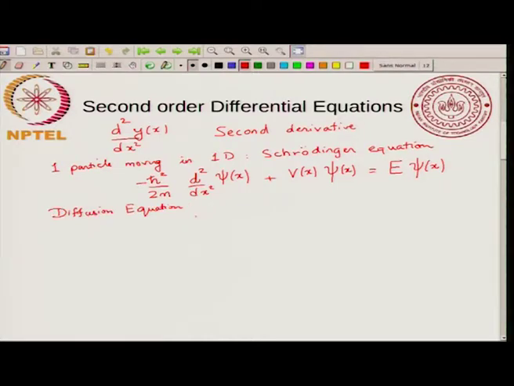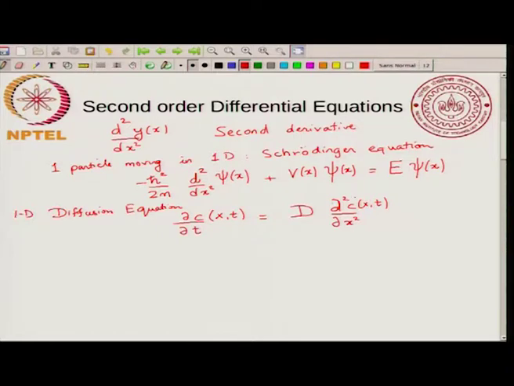Here you have a concentration which depends on x and time, and what you write is the partial derivative with respect to time is equal to D times, let us say I am taking the one dimensional diffusion equation, dou square c by dou x square, and again c is a function of x and t.